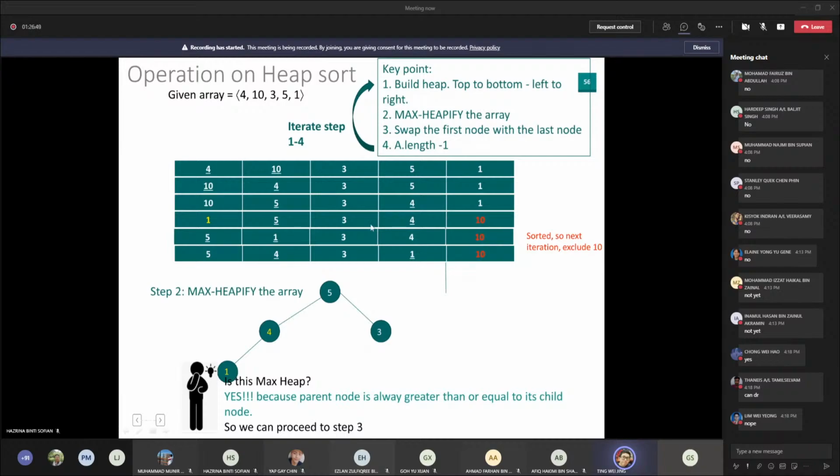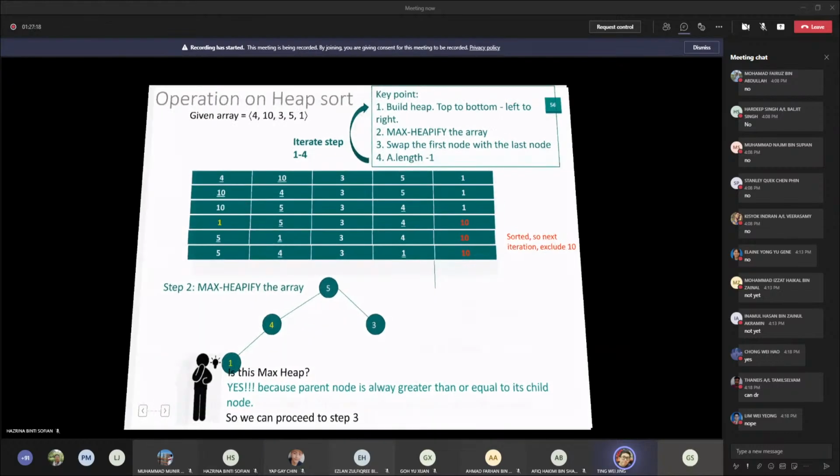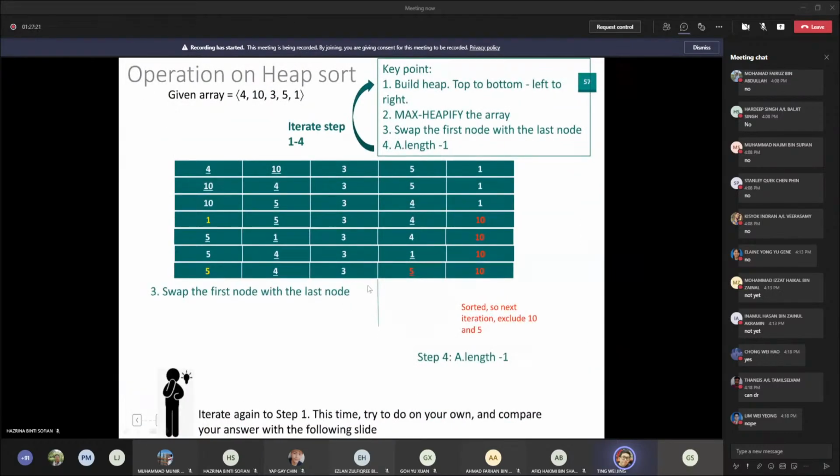After that, we start the sorting, which means we take out the largest node, the parent node, which is 5. We take it out and swap it with the last. We put it at the second last position of the array, which means we swap with the 1, right? The largest node swaps with the 1, the leftmost child node. All right, then we continue to repeat the heapifying step.